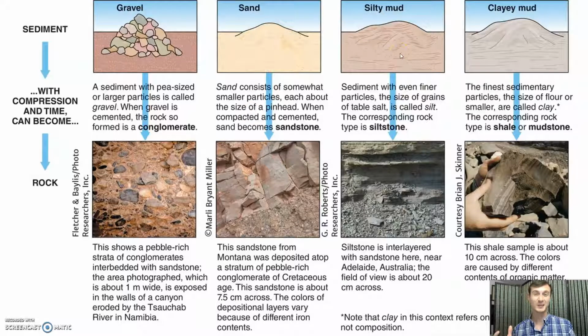You can have a silty mud, and this is not mud in a technical sense, this is mud like you're used to, regular mud, but it has silt particles, and you compress it together and it becomes siltstone. You take a mud with a lot of clay in it, you put it together, and it becomes mudstone, or maybe shale. Those two are made out of the same stuff.